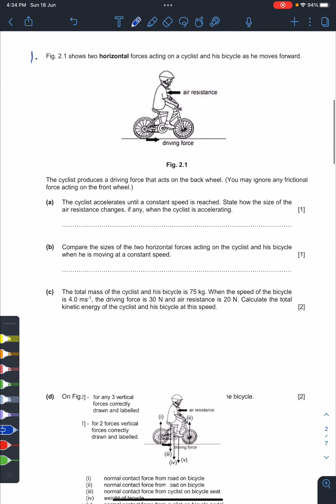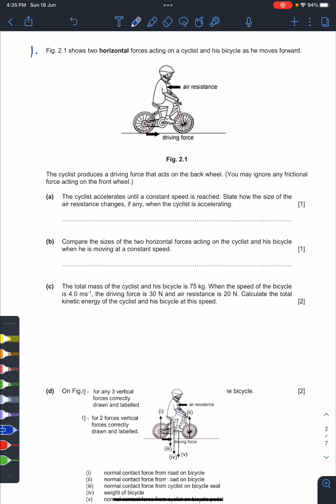Alright, next. You have a bicycle. It says it accelerates until a constant speed is reached. How does the size of the air resistance change when it is accelerating? We don't have to know the formula in this case.